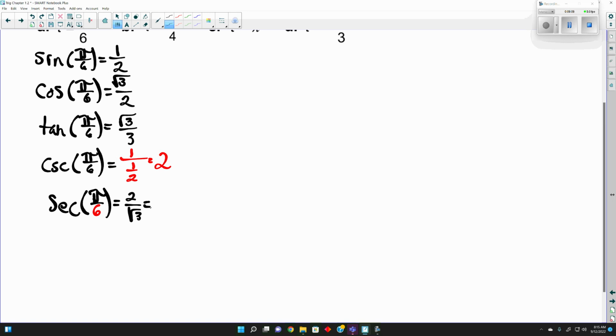We have to rationalize it. And when we rationalize the denominator, we end up with 2 square root of 3 over 3.